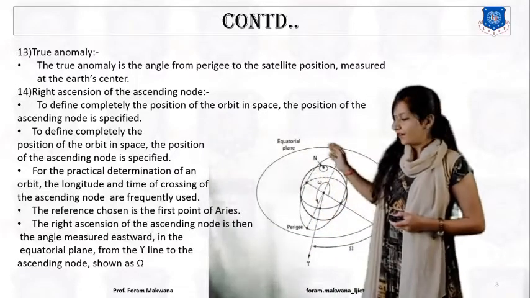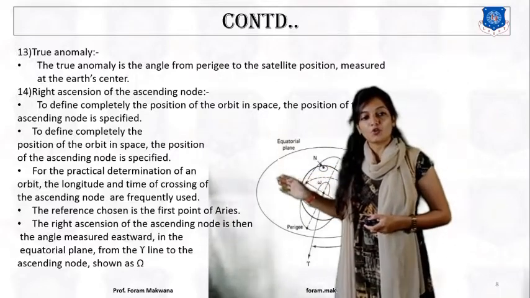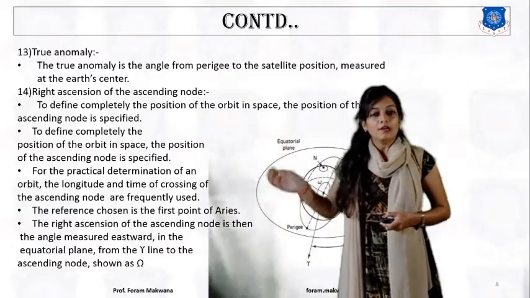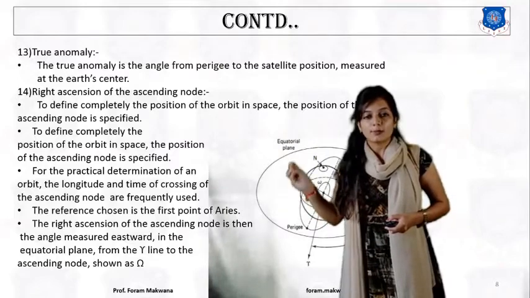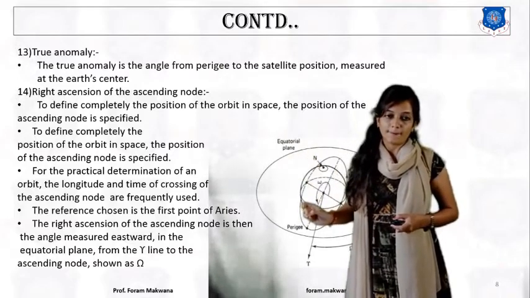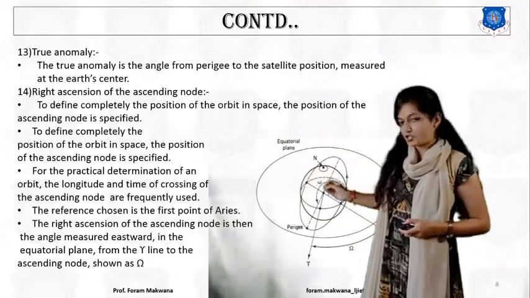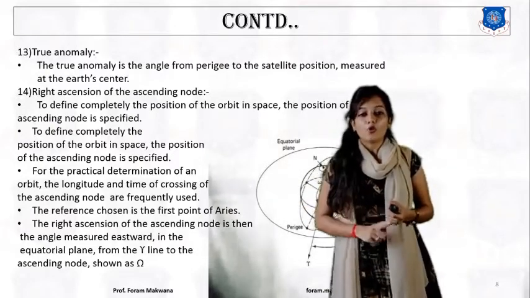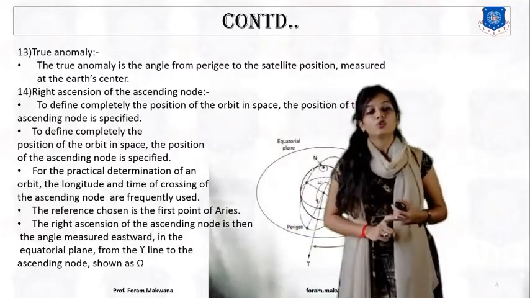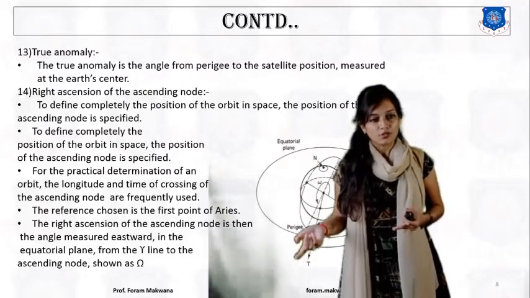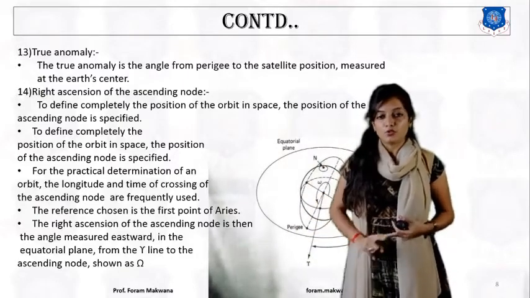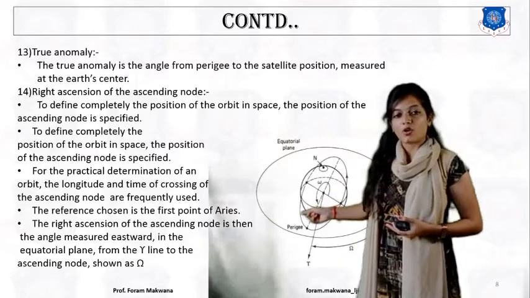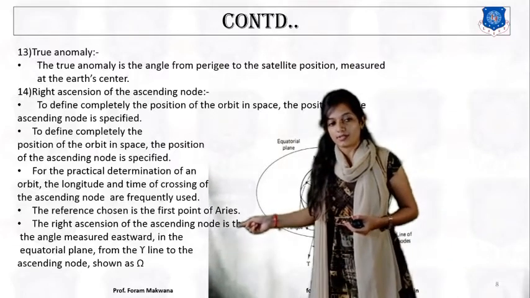But to define completely the position of orbit in the space, we need to fix the position of ascending node. So for the practical determination of an orbit, the longitude and the time of crossing of ascending node should be frequently used. So for the reference, we are going to use the line of Aries, or we can say the first point of Aries.